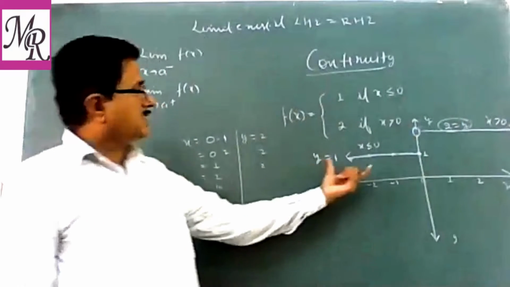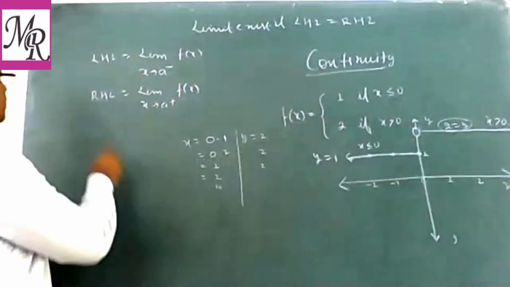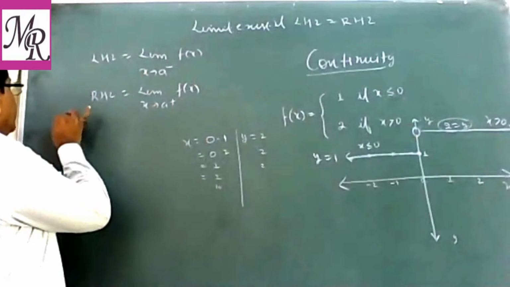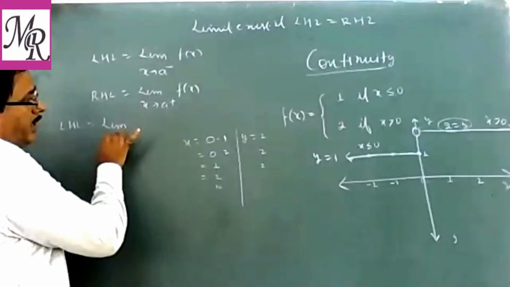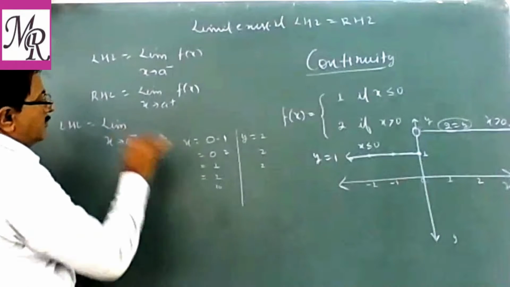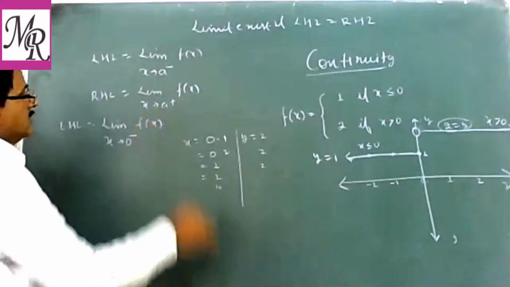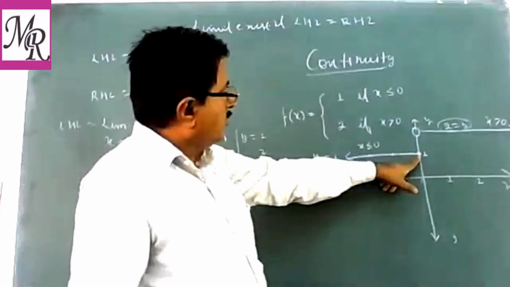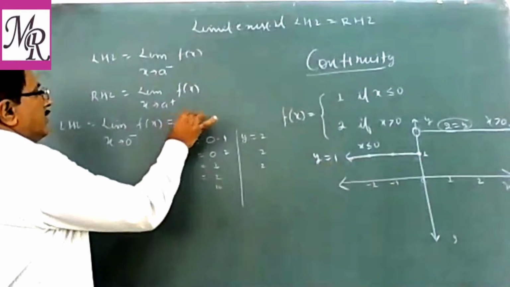So here we can say this is the left hand limit. Why left hand limit? Because we are taking left hand limit equal to limit x tends to 0 minus, less than 0, f(x). When you take less than 0, then value of y is 1.